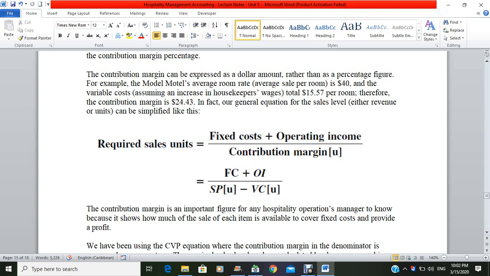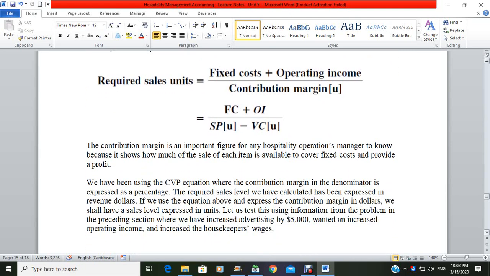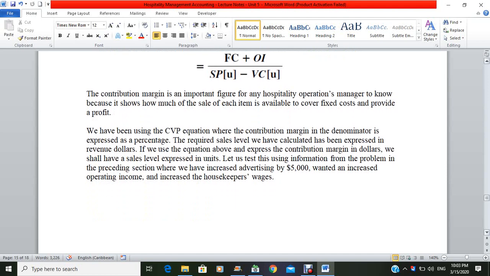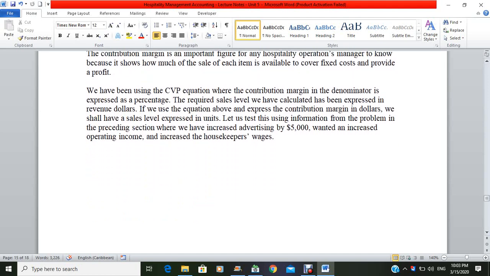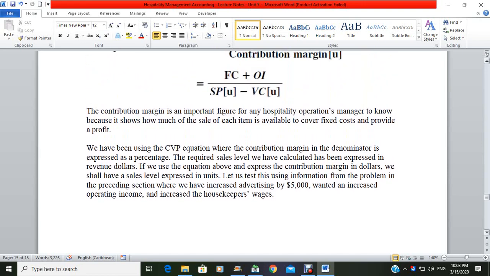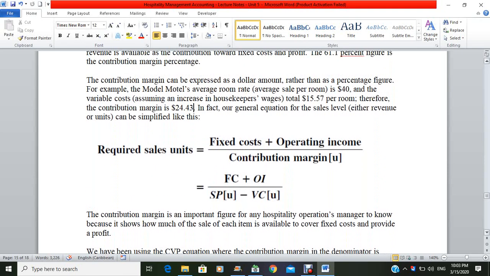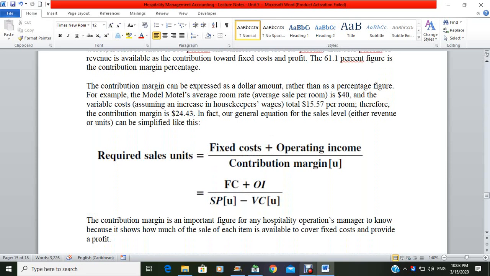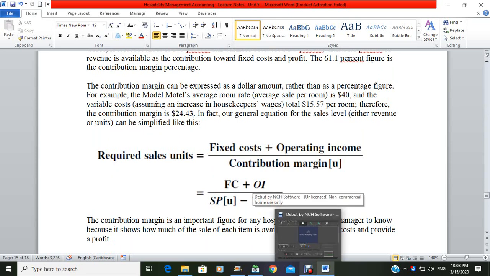Please note that. The contribution margin is an important figure for any hospitality operations manager to know because it shows how much of the sale of each item is available to cover fixed costs and provide a profit. Good? So I'm going to pause right here for now, and in the next clip we will pick up from here. Enjoy watching further.